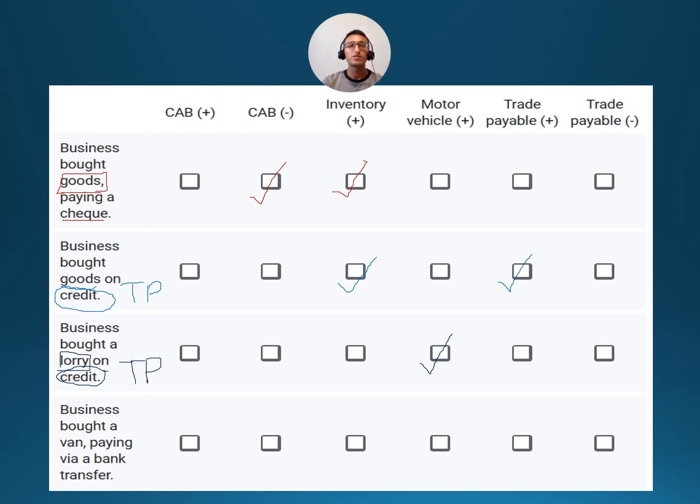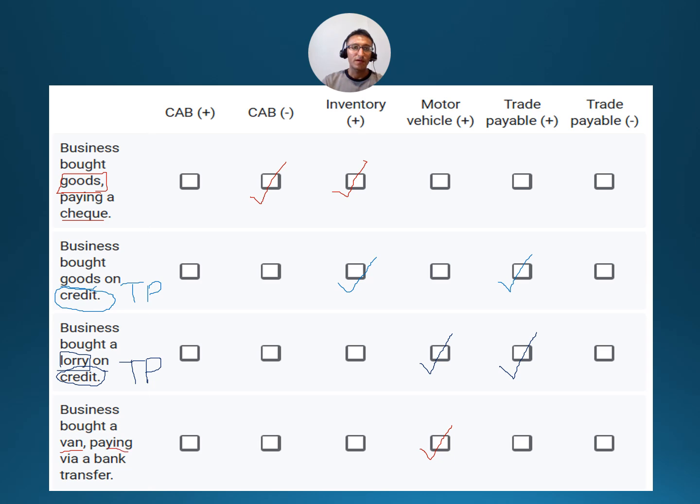When the business owes the supplier, the trade payable account will be affected. Since this is an increase in the amount owing to the supplier, trade payable increases.